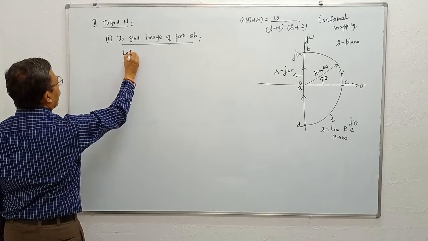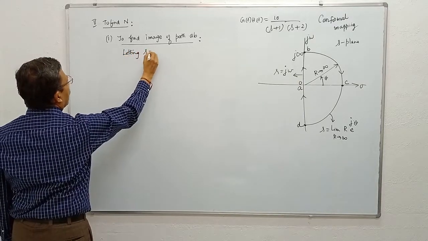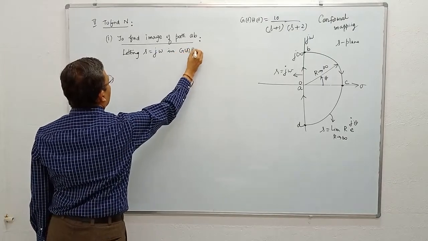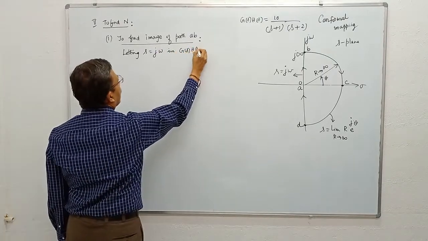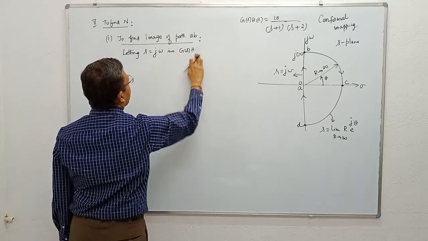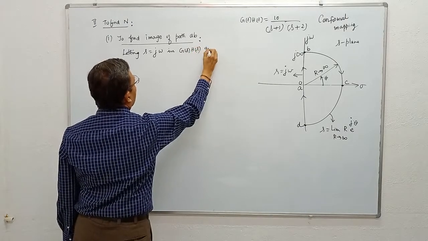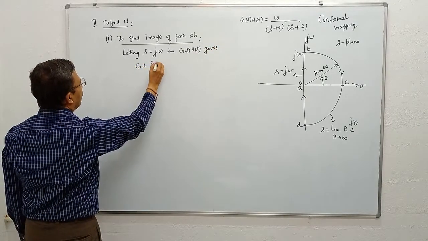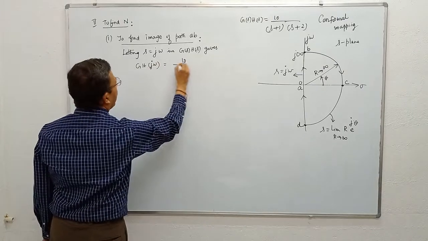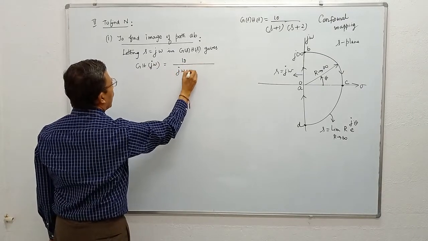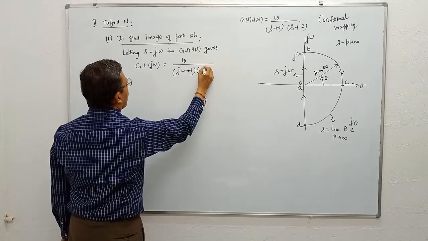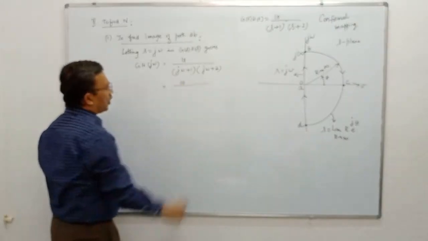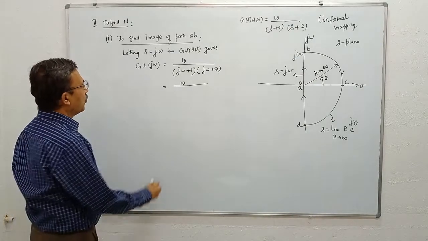Letting S is equal to j omega in G(s)H(s) gives GH(j omega) is equal to 10 divided by (j omega plus 1) into (j omega plus 2). J omega plus 1, you convert it into polar form.